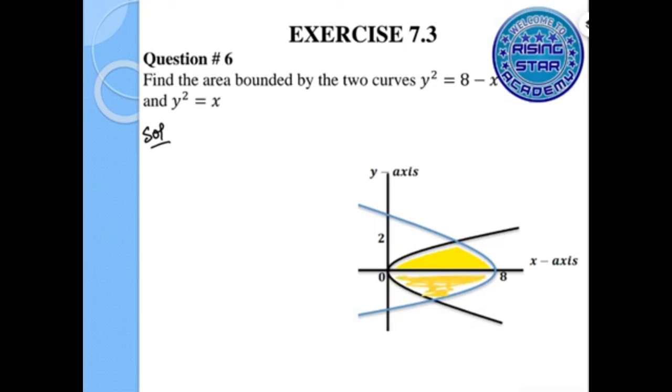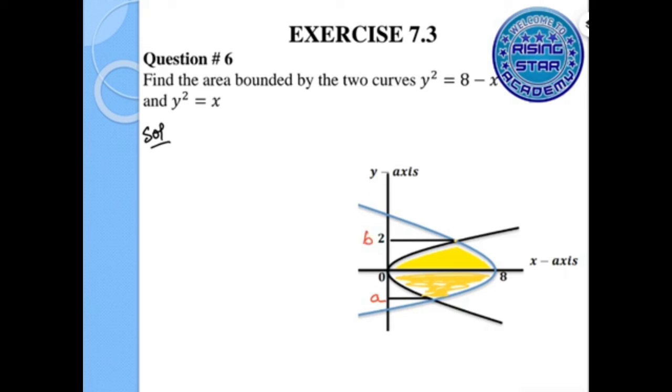So we need to find the point of intersection where they are along y-axis. So this is the point and this is the point. That means this is our a value, and that would be our b value.